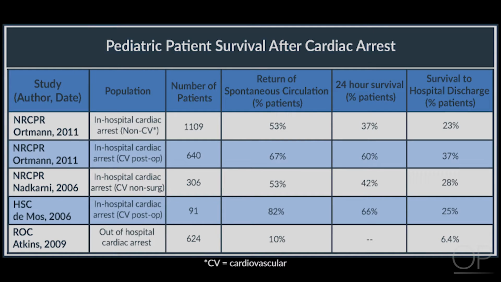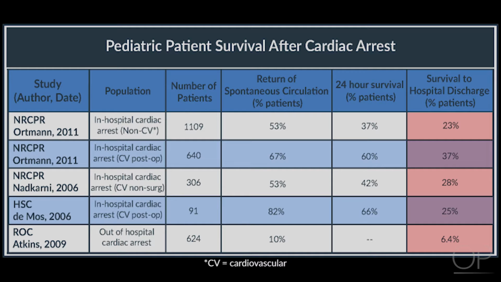Unfortunately, as you will see from this slide, there's a dramatic drop-off when it comes to patient survival between reestablishing a perfusing circulation and even 24 hours after that time. And unfortunately even further when it comes to the loss of survivors between 24 hours post-event and survival to hospital discharge.